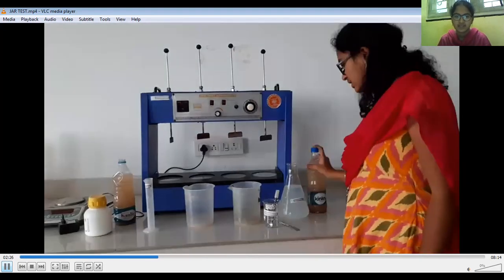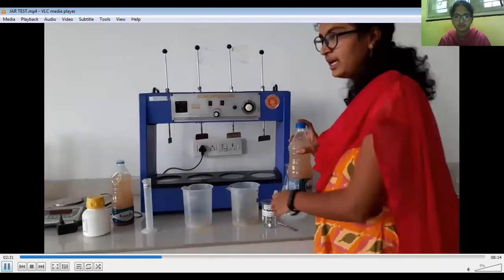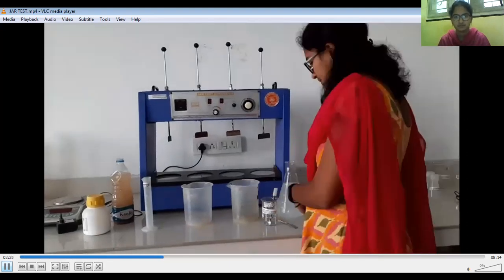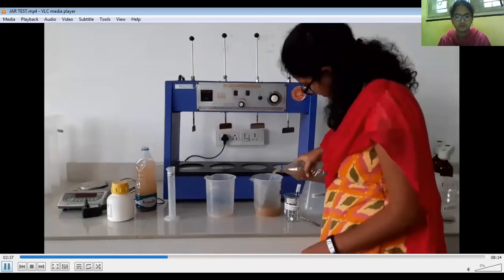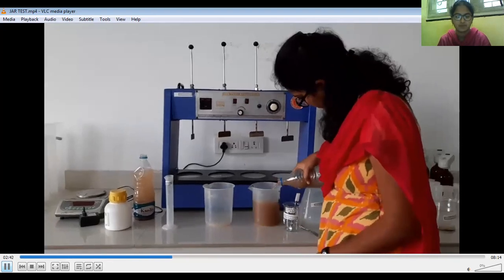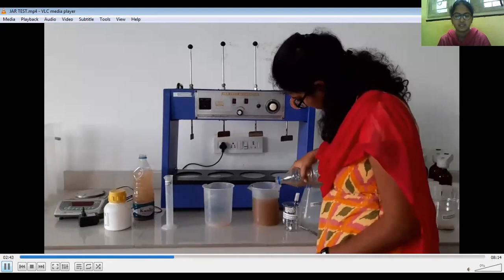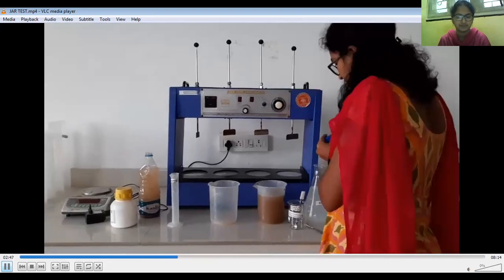Now pour the sample in each beaker. One liter of sample to fill in each beaker.